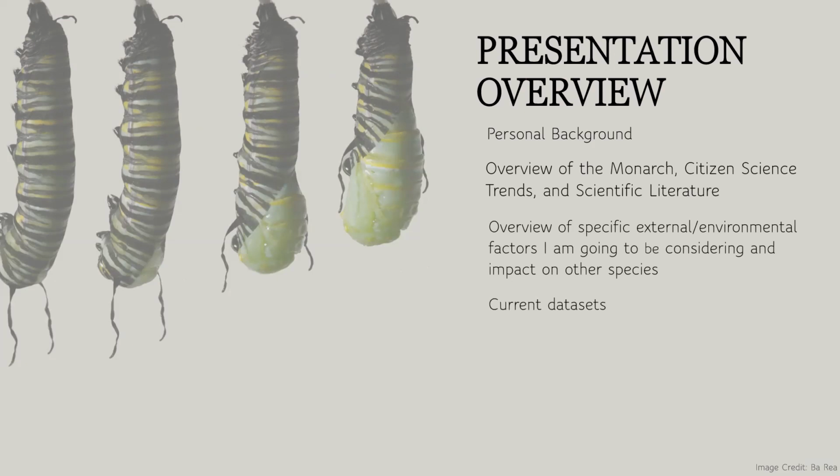I'll share my current data sets that I've downloaded, share some of the limitations of those data sets as well and the timeframes that they span, as well as the number of observations. And then I'll share my methodology, largely based on an article published in Ecosphere in 2015 by Sepp and colleagues. I'll share my anticipated results, and then at the end, go over a brief project timeline.